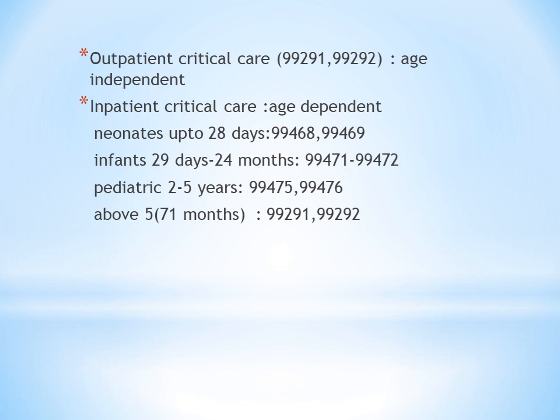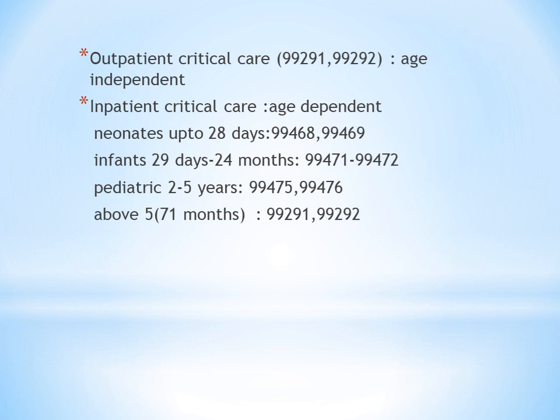From 29 days up to 24 months, that is 2 years old, the codes are 99471 and 99472. Then pediatric inpatient critical care, 2 years old to 5 years old, is 99475 and 99476. Then above 5 years, specifically given as above 71 months, it is 99291 and 99292.